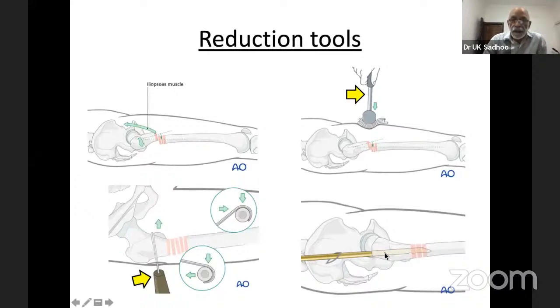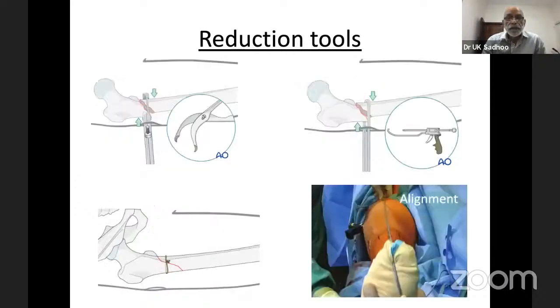Then, if you have taken the entry point, a smaller size nail itself can be used as a manipulating tool, and a guide wire can be passed through this, while the tip is negotiated from the proximal into the distal fragment and held as a reduction tool. Pass the guide wire, do the reaming, and then place the definitive nail.